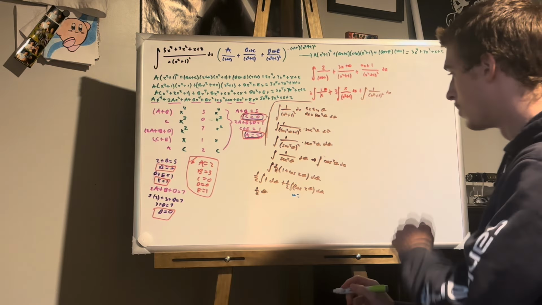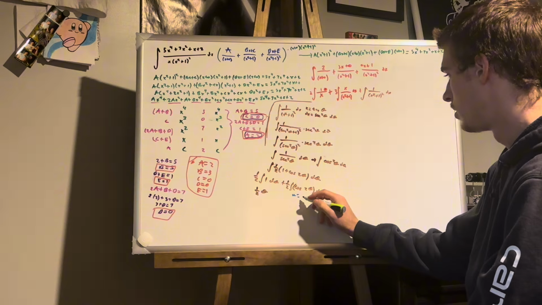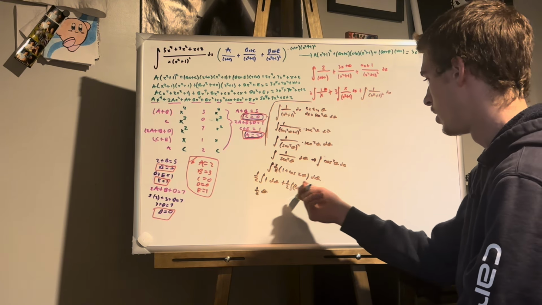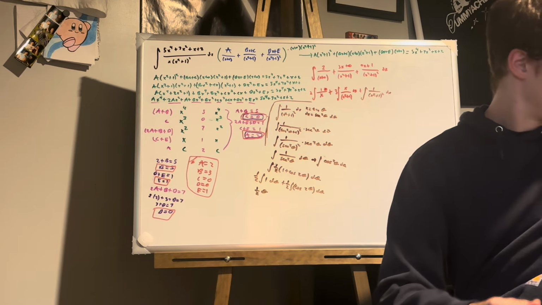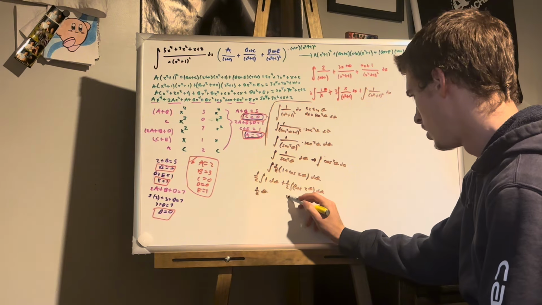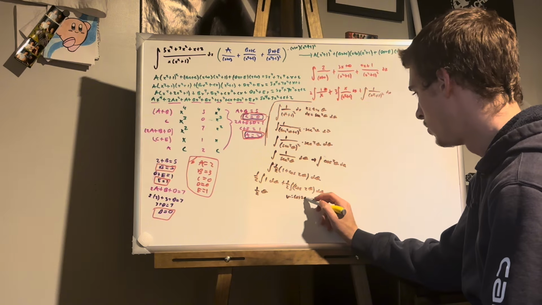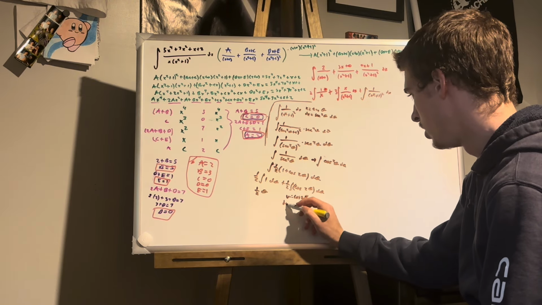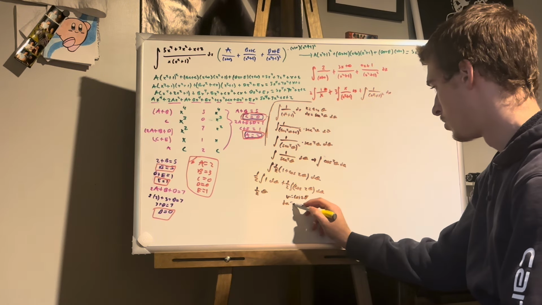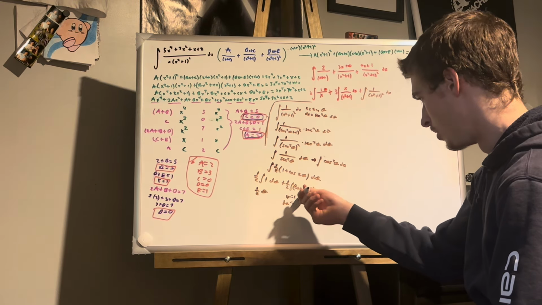For the u substitution, we're just going to use the same color here, actually. So u equals, sorry, our u is just going to be 2 theta.